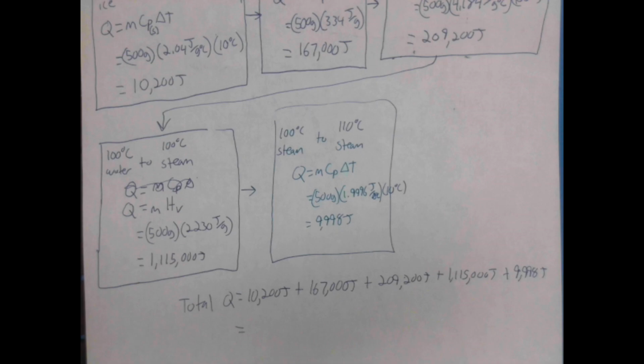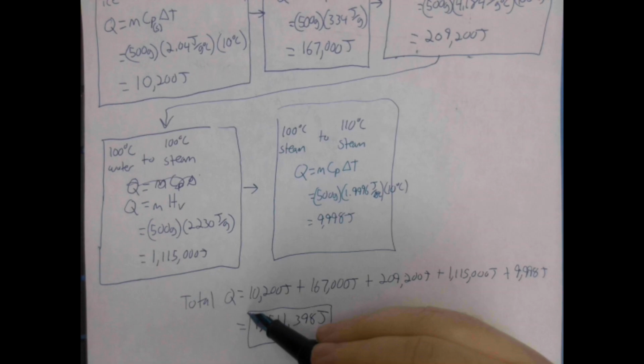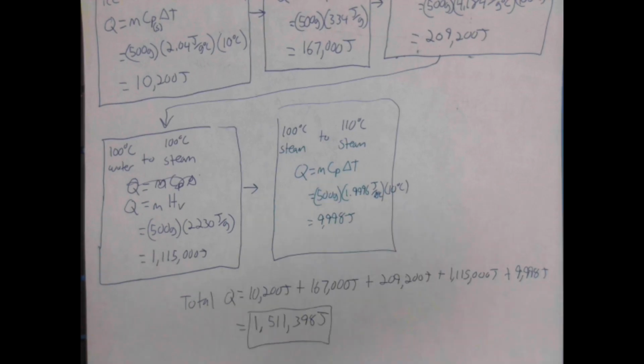So in total, it would take 1,511,398 joules of energy if you started out as ice and you're trying to boil it all away.